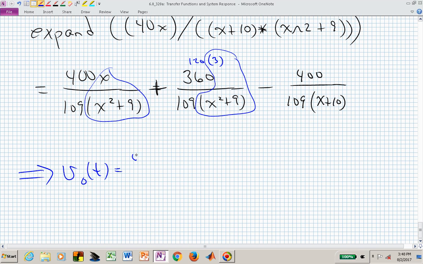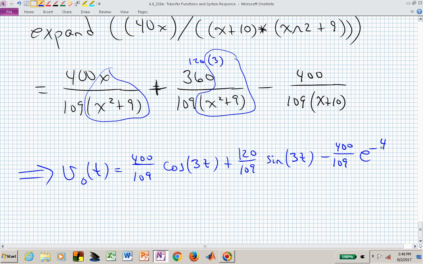Or we now have 400 over 109, so about 4, cosine of 3t, plus almost 120 over 109 sine of 3t, minus, again, almost 400 over 109, e to the minus 10t, and that's t greater than or equal to 0.